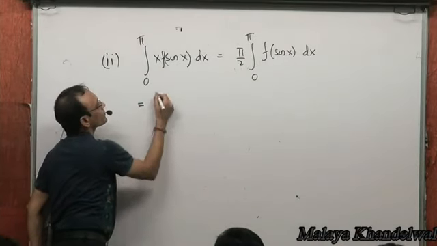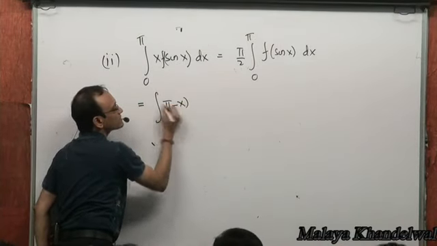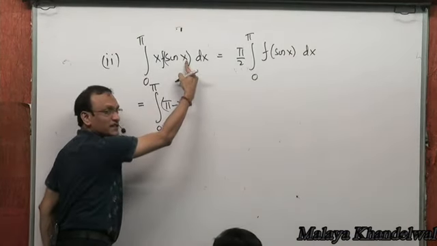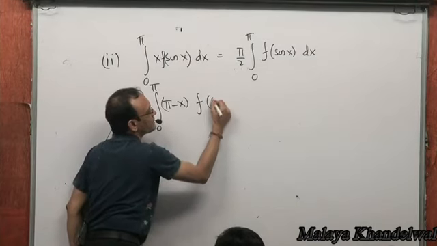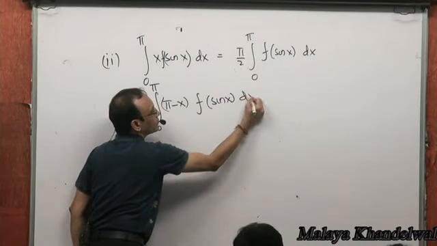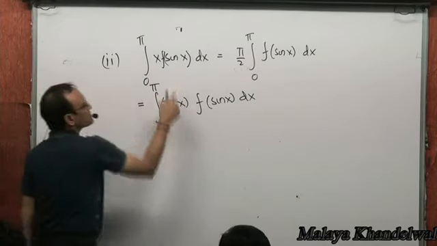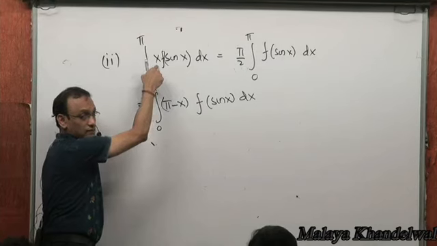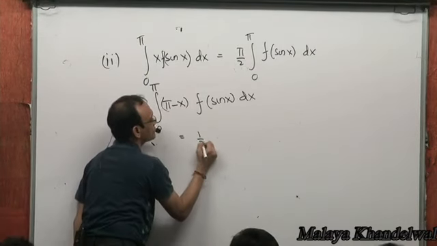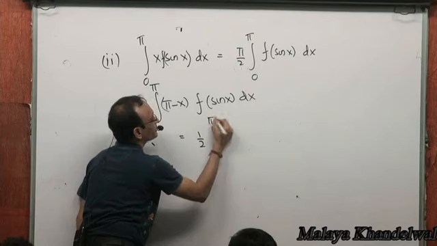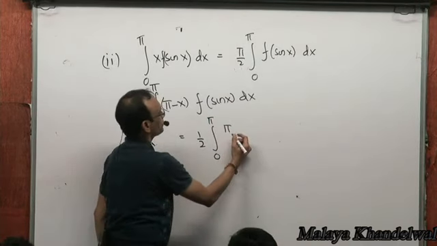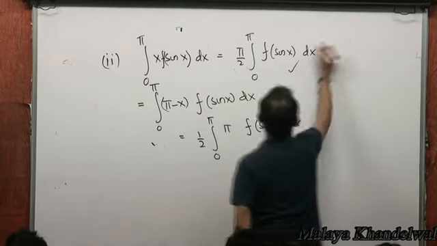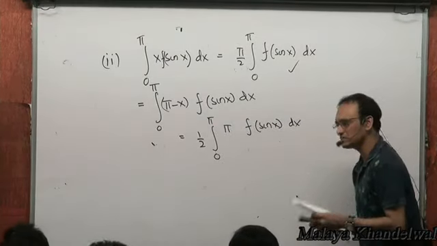So this is pi minus x, 0 to pi f of sine x, where sine x will remain sine x, f of sine x dx. If this is equal to this, then each will be half their sum. This plus this, x and x will get cancelled, right? So each will be half their sum, half of 0 to pi f of sine x dx, which is what this is. Fairly simple, isn't it?